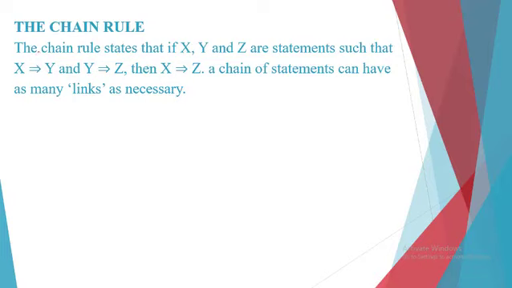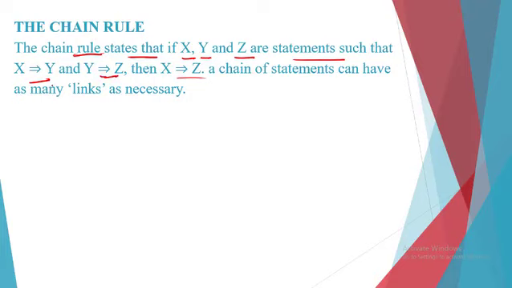Okay, so let us go over to what we call the chain rule. The chain rule states that if X, Y, and Z are statements such that X implies Y and Y implies Z, then X implies Z. Let me take it again.